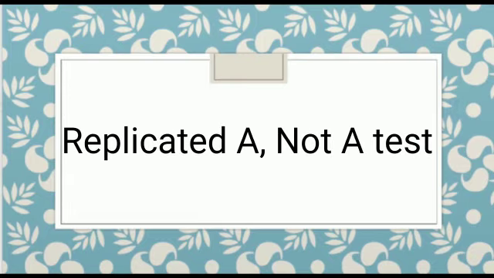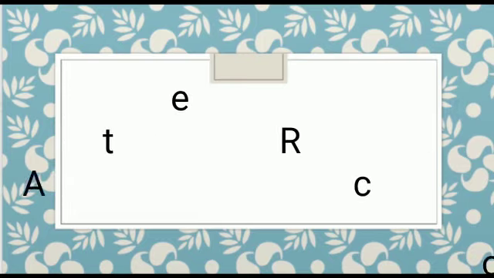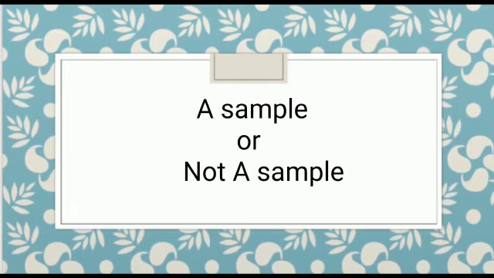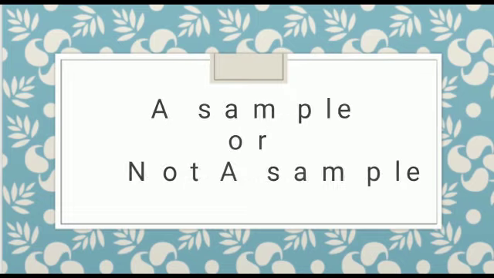In this test, A sample and not A samples will be given to the panel and will be tasted. After removing those A sample and not A sample, two samples will be given to the panel members. In those two samples, it can be either A sample or not A sample. So by tasting those samples, the panel should find whether it is A sample or not A sample.